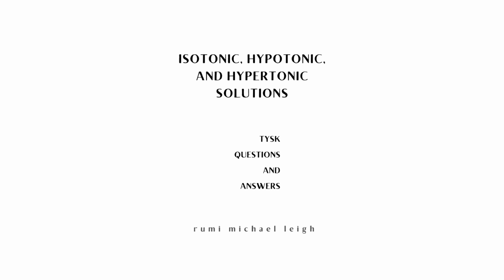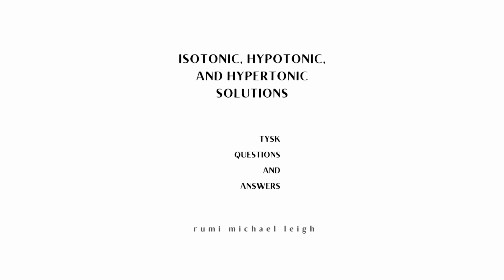Chapter 3. 1. What is plasmolysis? Plasmolysis is the shrinking of the cell. 2. What is cytolysis? Cytolysis is when the cell ruptures. 3. Cytolysis is also called?